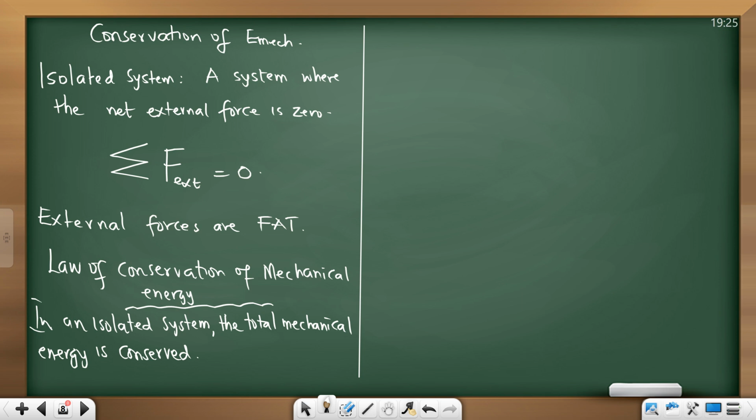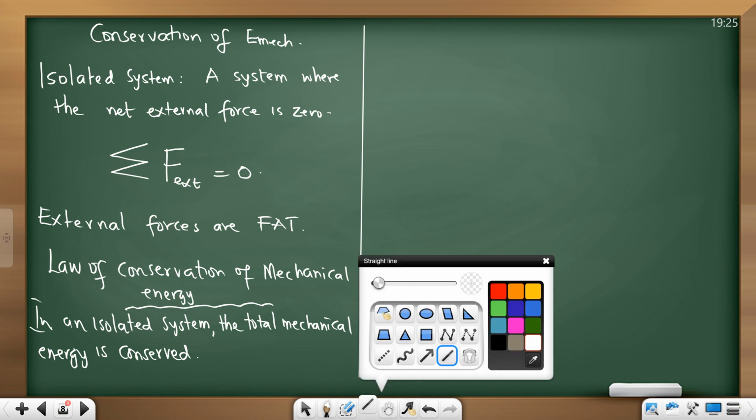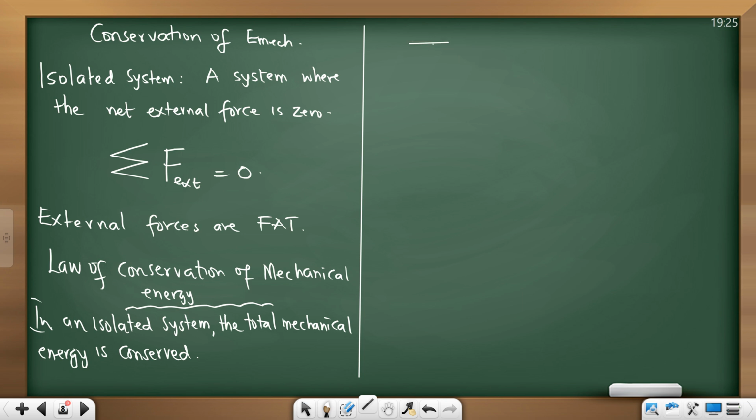Okay, we're getting somewhere now. In an isolated system, the total mechanical energy is conserved. Once I say mechanical and I use the word potential, height is involved. So we have points A, B, and C. Why am I saying height?